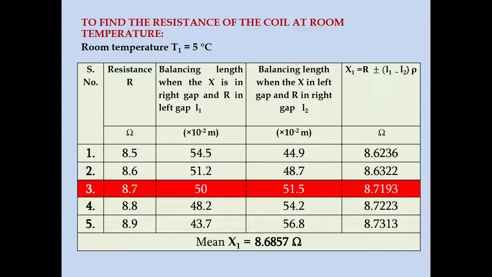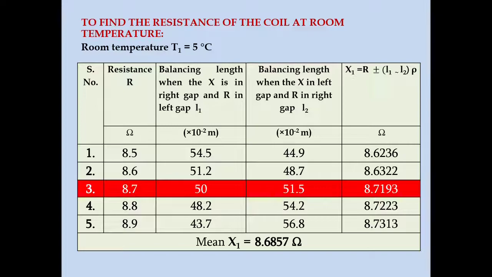So this is the tabulation for finding the resistance of the coil at 0 degrees, at ice point. In the heading, it was written room temperature by mistake. So this is found at ice temperature. The first reading taken during the experiment is the middle value, which is highlighted here in red.